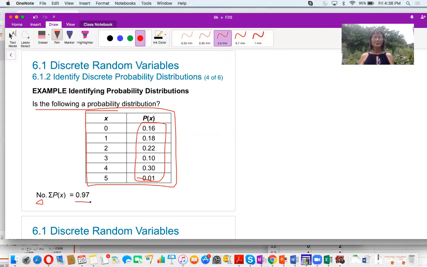To satisfy a probability distribution table, all the probabilities added together must be equal to 1. So this is not a probability distribution because all the probabilities added together do not equal 1.